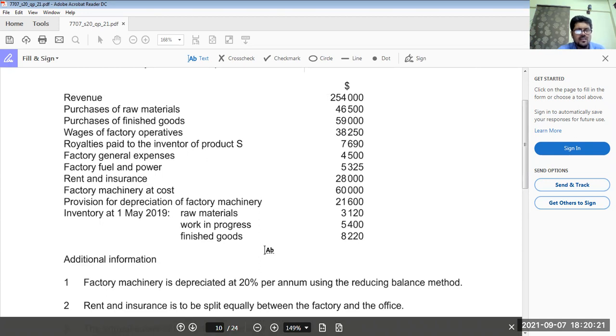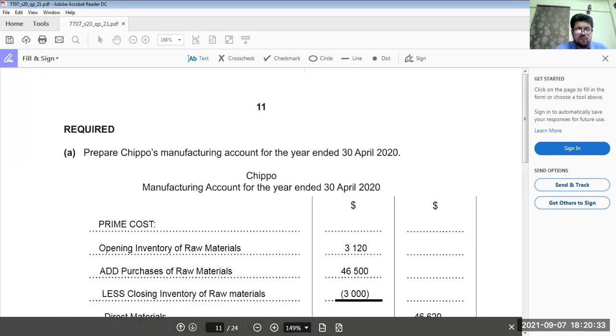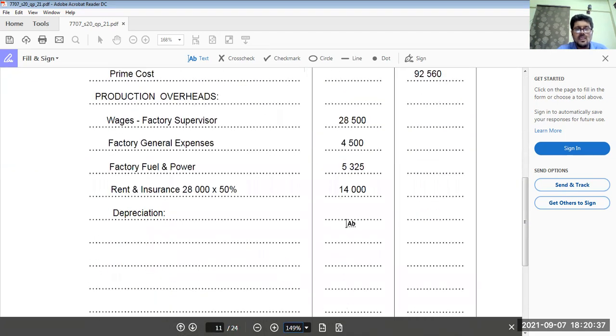So factory machinery at cost is 60,000 minus provision 21,600, multiplied by 20%, 7,680.